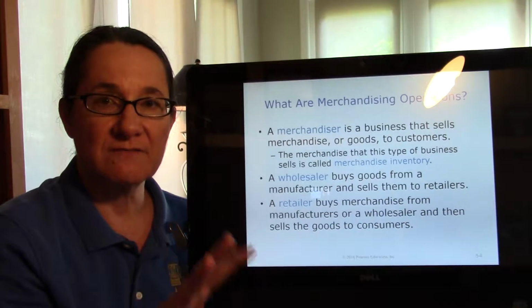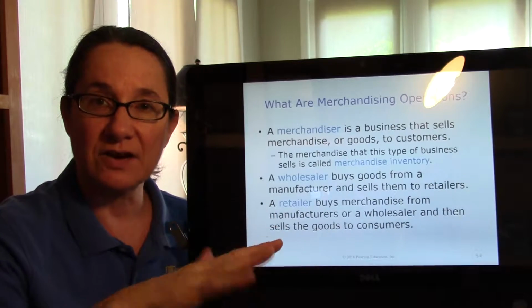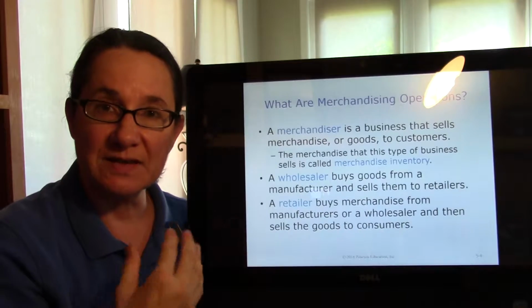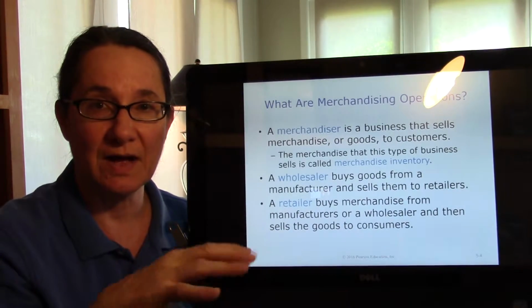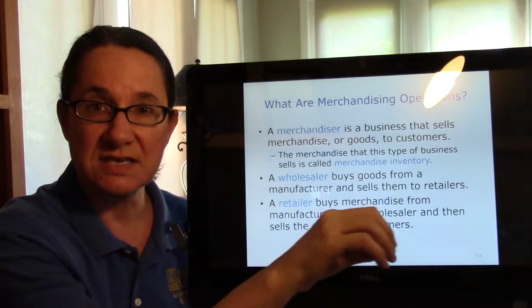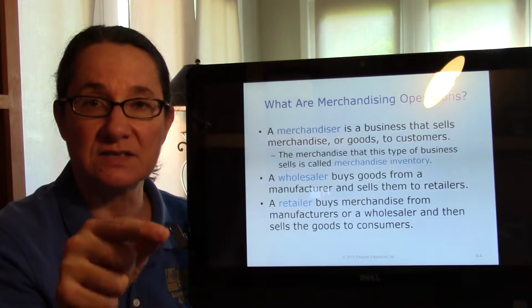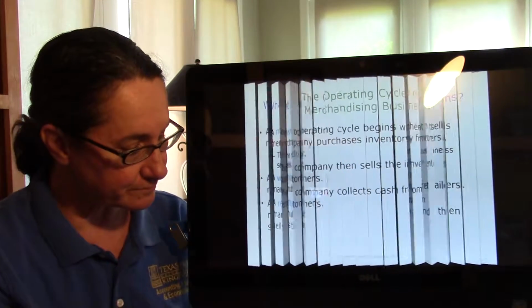So don't get confused, because a lot of these things happen on both sides of the cycle. You have to purchase it and then sell it. So there's going to be things like purchase discounts and also sales discounts. So keep in mind, purchase is when the retailer purchases the inventory from the wholesaler and then they turn around and sell it to the customer. That's a sale. All right, so keep that in your brain.